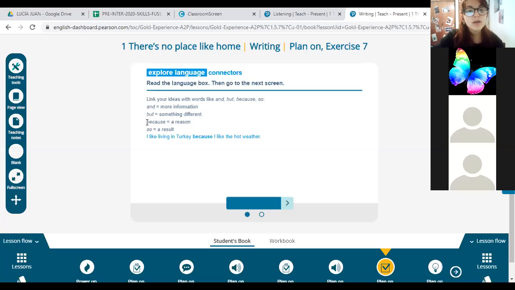Then we have because, that is used to introduce a reason. So we say, I didn't like it because I don't like noisy places. So I decided to leave the following day. Right?